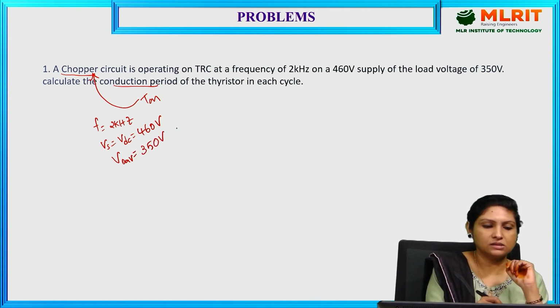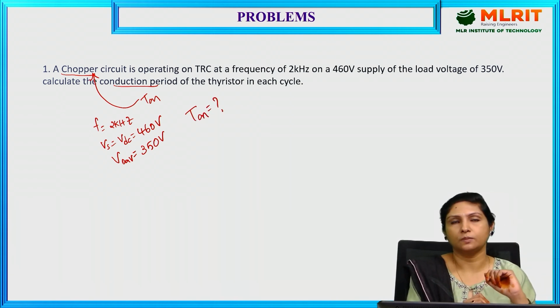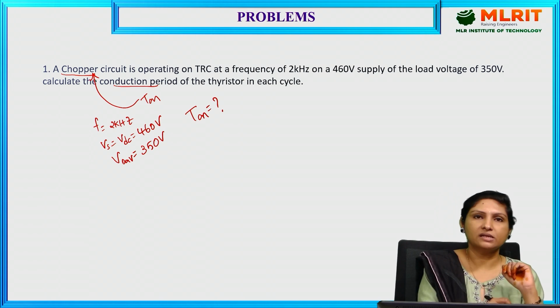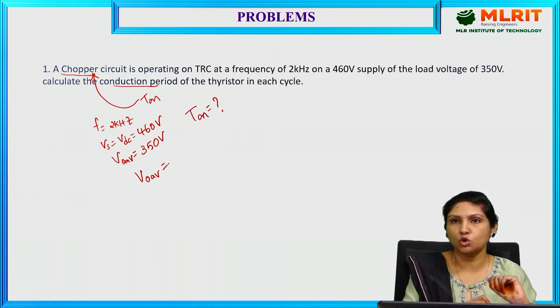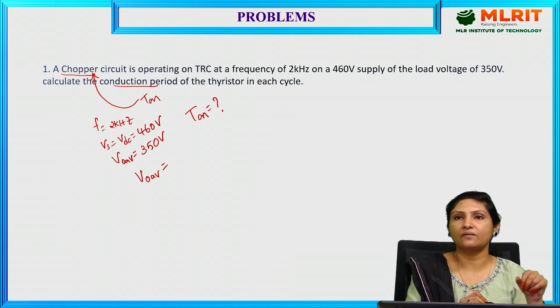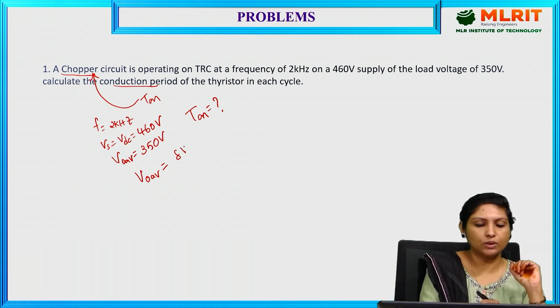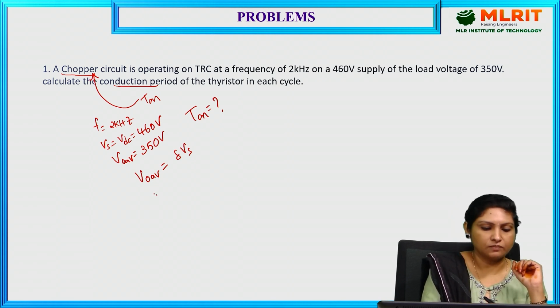In that case, we need to find out the on period of the chopper. Firstly, let us see the formula for V0 average. Since this is a chopper, V0 average is equal to delta Vs, where V0 average is given in the question, that is 350 volts, delta is not given, delta into Vs is 460 volts.